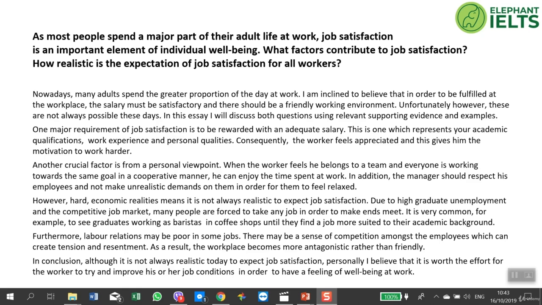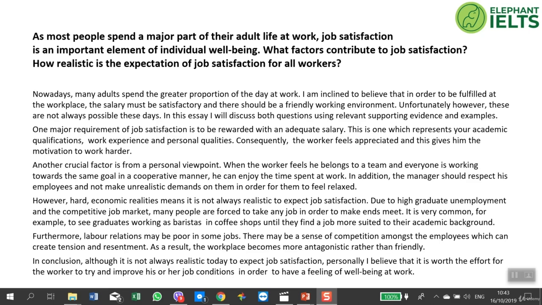And now for the last paragraph of the main body. Furthermore, labour relations may be poor in some jobs. There may be a sense of competition amongst the employees, which can create tension and resentment. As a result, the workplace becomes more antagonistic rather than friendly.